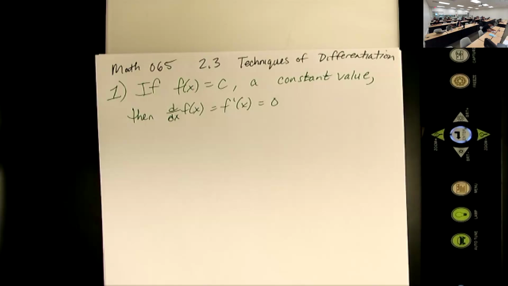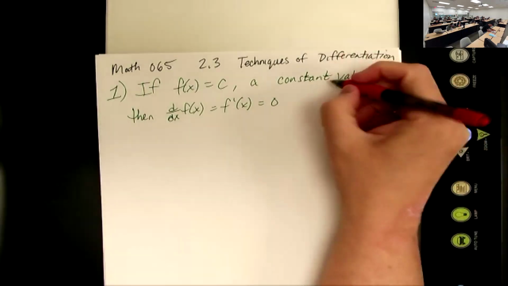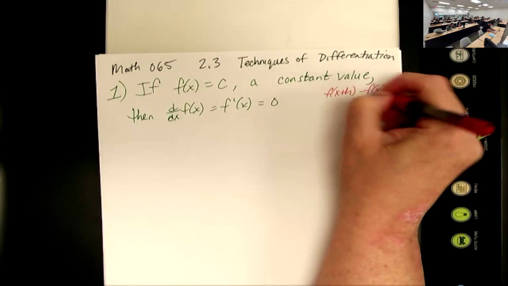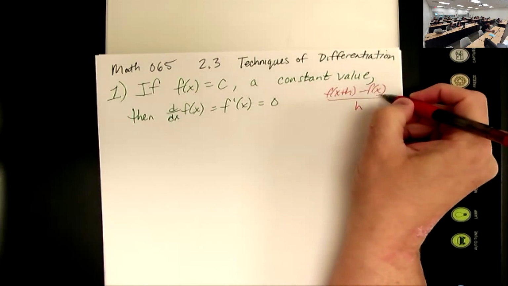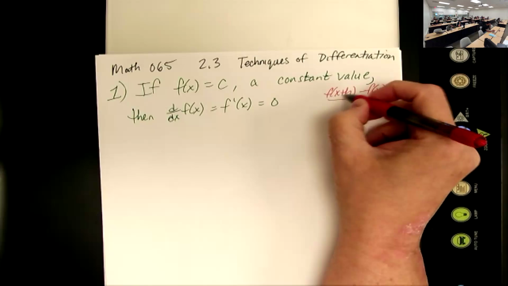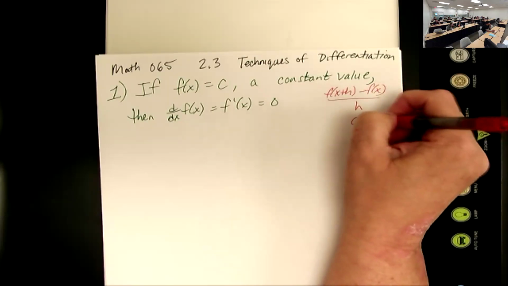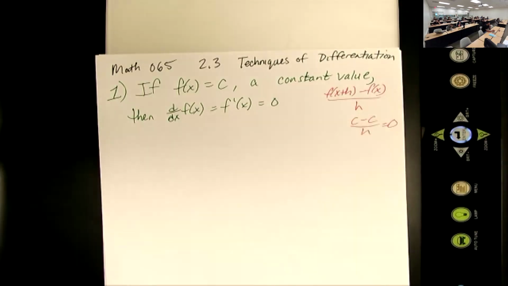You can see that real quick without writing out the full limit. If you try to do f of x plus h minus f of x over h, and there is no x in it, there's nowhere to put in x plus h, and you just get c minus c over h, which is 0. And you don't even need the limit thing. Top is 0. So derivatives of just anything without a variable is 0. Derivatives of numbers without variables is 0.